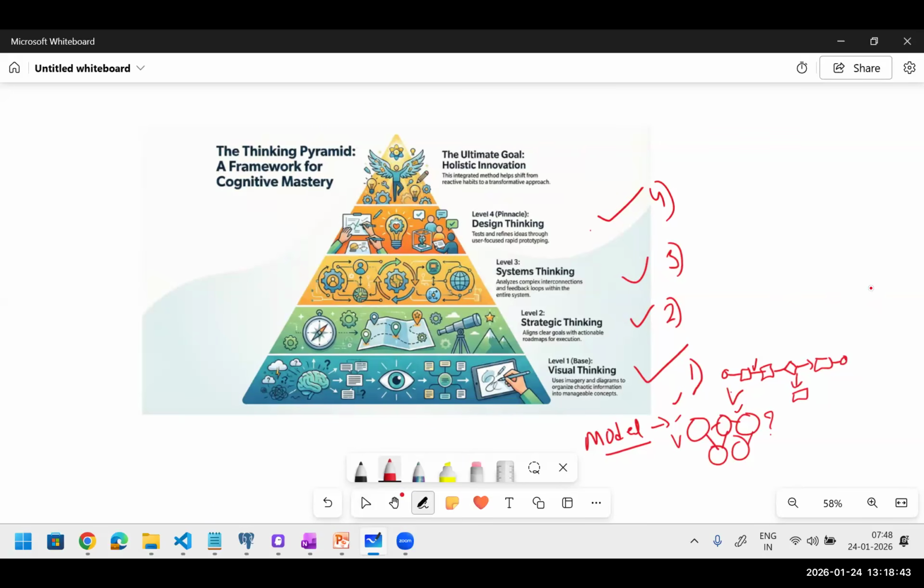So next is strategic thinking. What does it mean? Strategic thinking is nothing but goals or objectives. Why are you writing the requirements? Why are you working on that project? Do you know the context of the project? When you are interacting with the business, do you know what the business is all about?